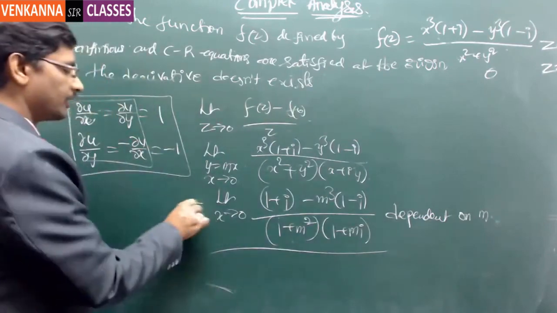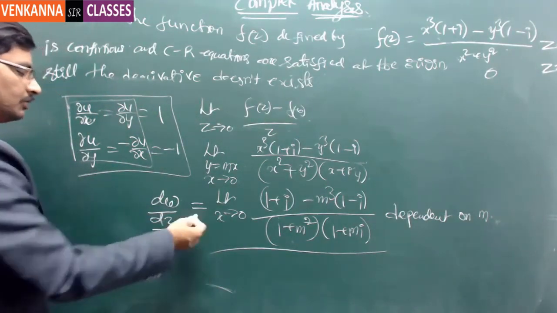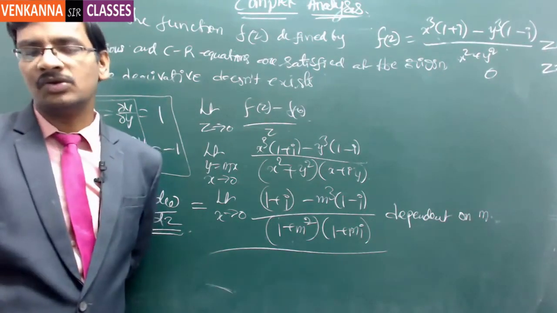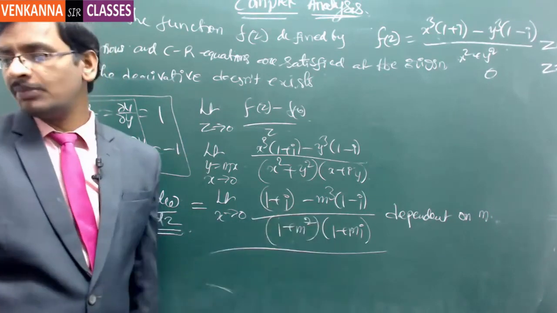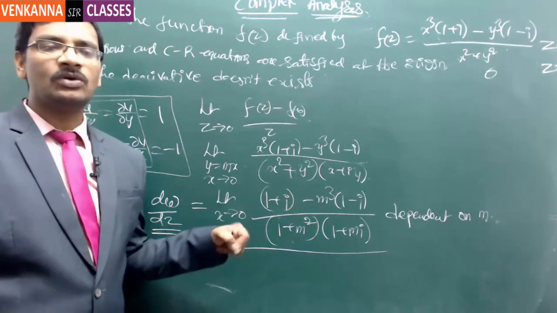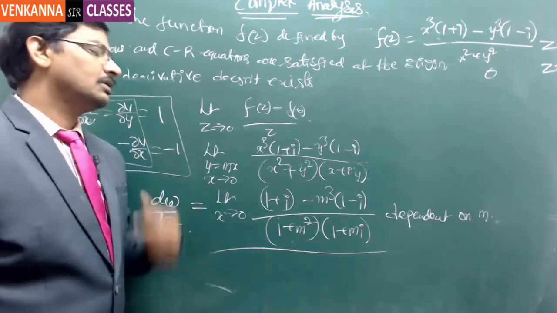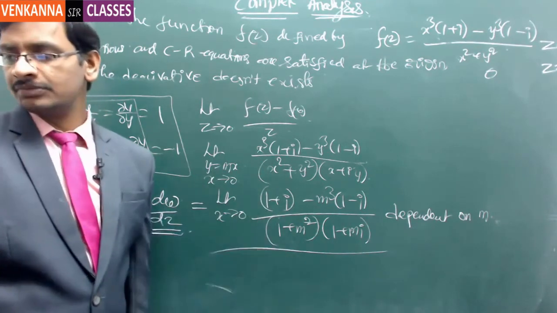So here what we are trying to find out is dw by dz, which is nothing but the derivative. Now derivative value has to be unique always, otherwise we say that derivative doesn't exist. So this value is no more unique because it is dependent on m. That means whatever the path you follow, for each path you are getting a different derivative, which is not true. So the CR equations are satisfied, but the derivative doesn't exist.